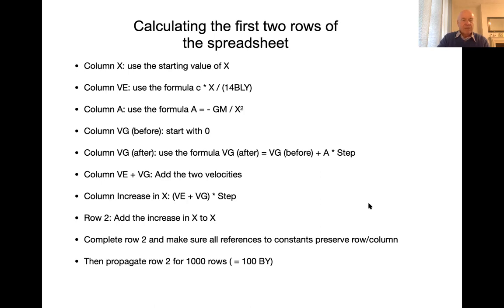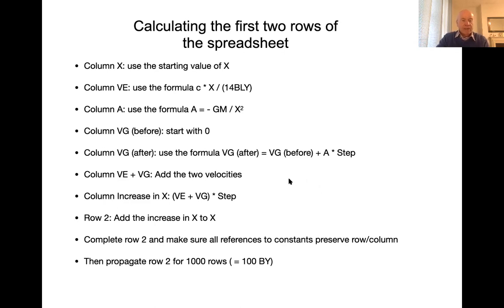In the next column, we get the acceleration, GM over x squared, and we represent Vg before the acceleration and Vg after. So this is before 1 step of time and after 1 step of time. The difference between before and after is the acceleration times the step, which is a unit of time. That's actually 100 million years.